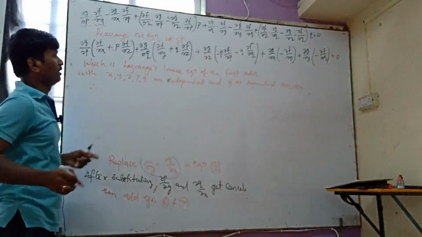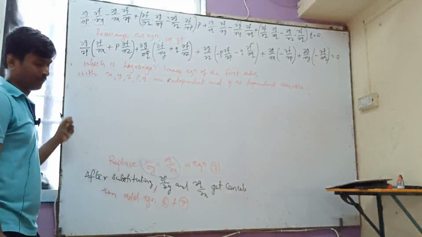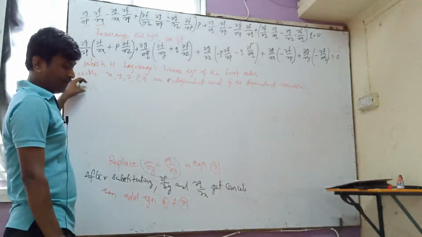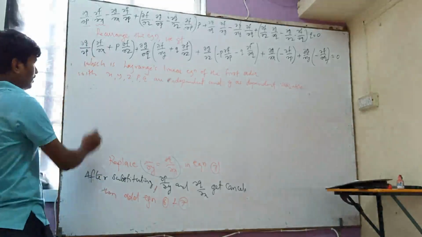Therefore, the final auxiliary equations become this form, which has been considered in Lagrange's method.